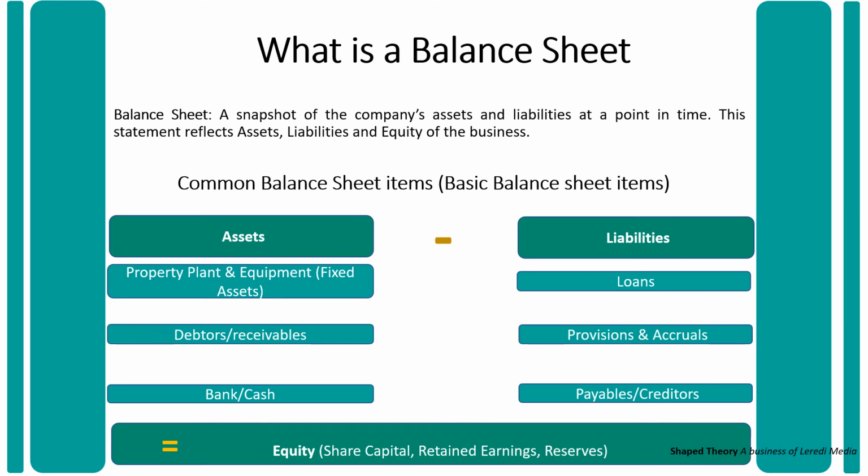And then under equity we have items like share capital, retained earnings, and reserves. Share capital is owners' contributions into the business. Retained earnings is the accumulated profits and losses that you had in the business for previous months up until now. And reserves is any kind of reserves that you have, non-distributable reserves or any other reserves that are distributable, depending on how you value your assets.